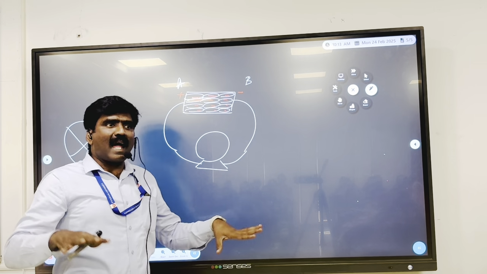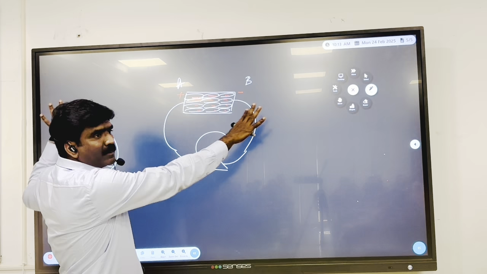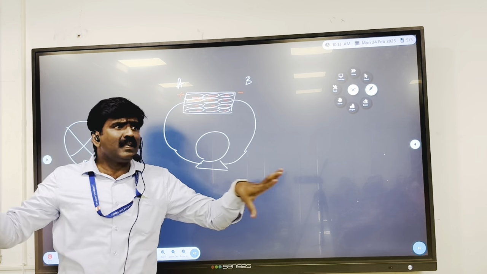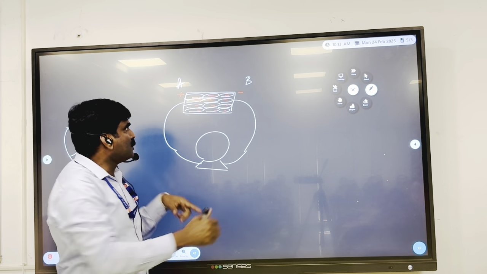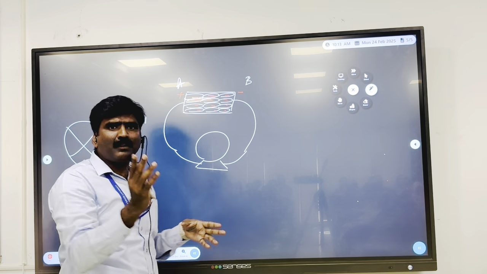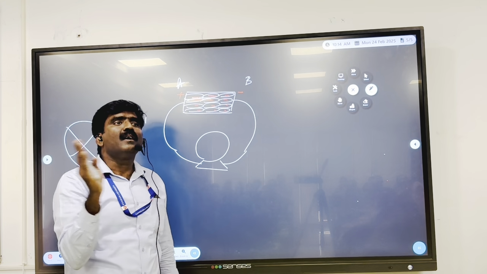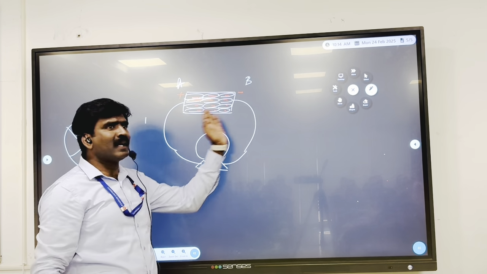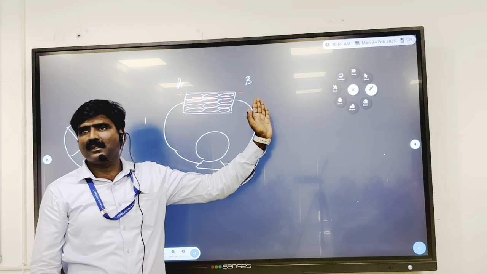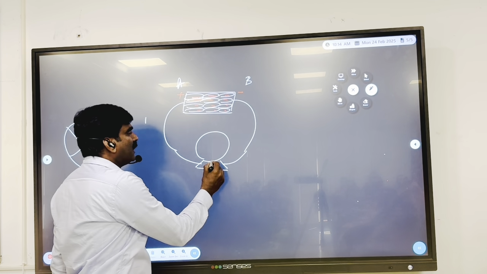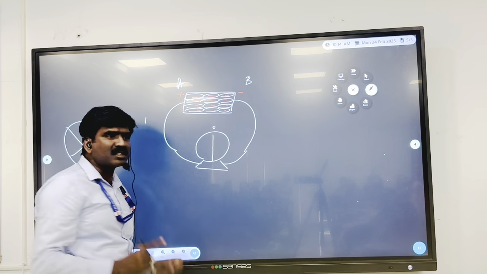So now the cells are completely resting. It is totally negative, right? So the electrode is not picking any current. No current is moving within the cell. So what will happen? The needle will show 0.